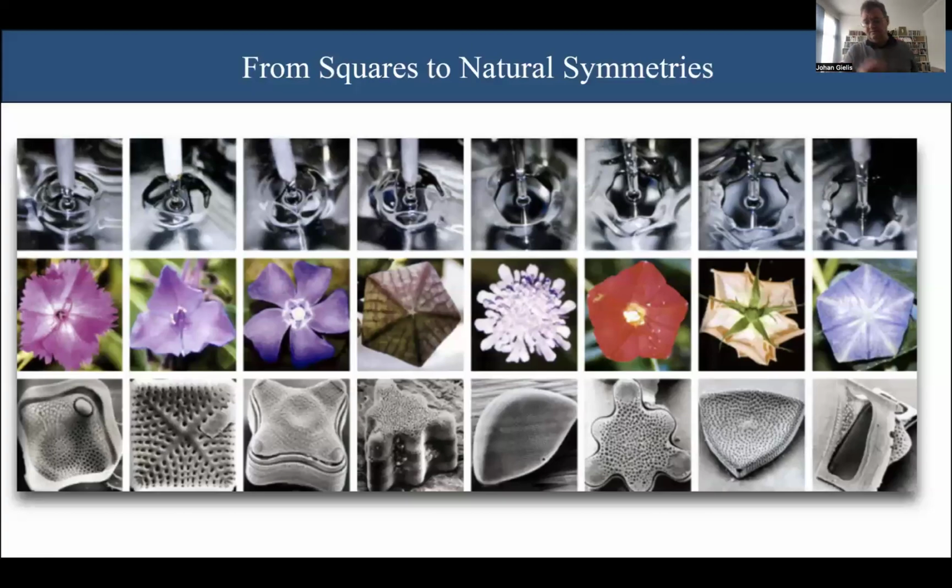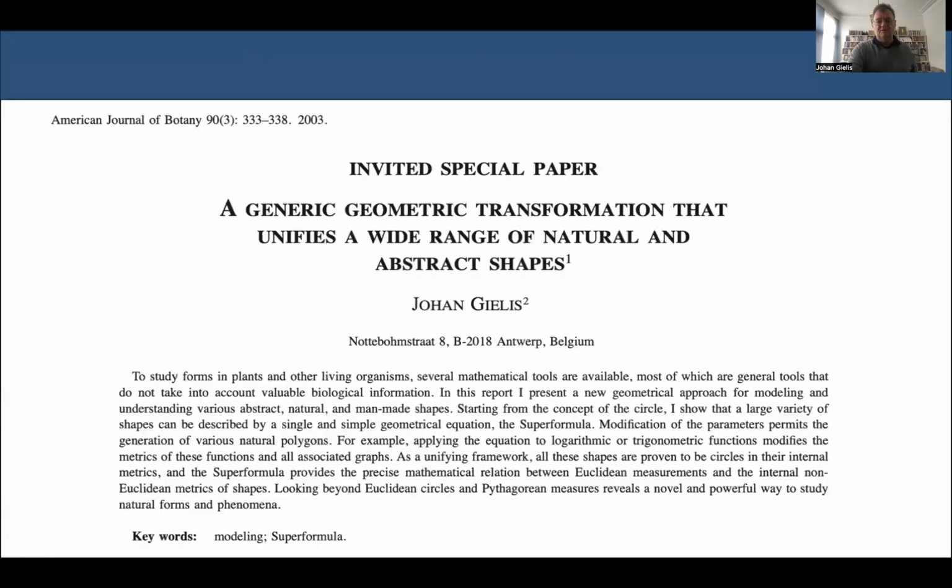So I will show you immediately, but the background is that we could model squares and so on, but not pentagons and triangles and so on that we see occurring everywhere in nature. So in 2003, I published this paper in the American Journal of Botany, a generic geometric transformation that unifies a wide range of natural and abstract shapes, and it caught a lot of attention.